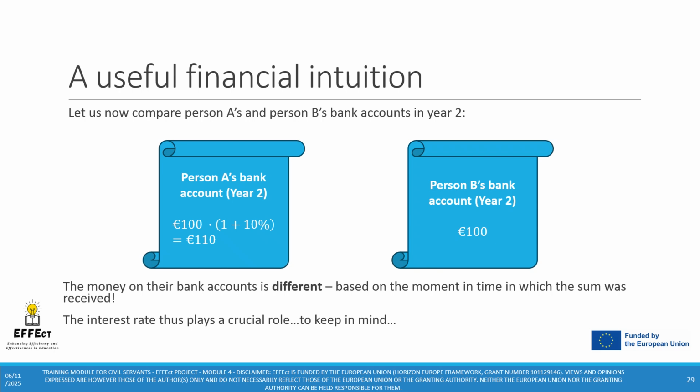Indeed, if we compare person A's and person B's bank accounts in year 2, person A has €110 on their bank account, while person B only has €100. Therefore, the money on their bank account is different based on the moment in time in which the sum was received, which shows that time matters. Furthermore, the interest rate seems to play a crucial role. Let's keep this in mind.